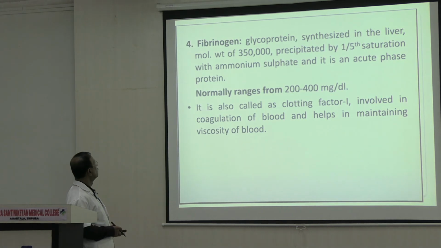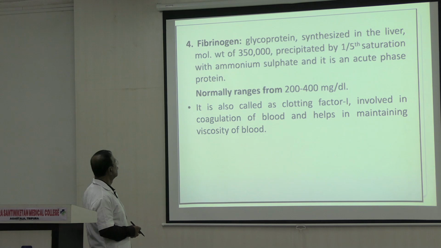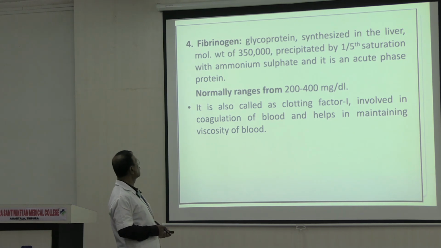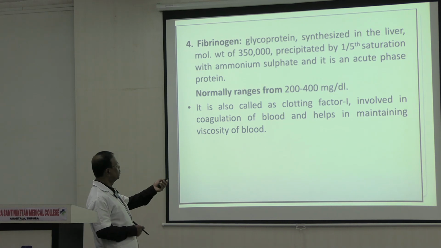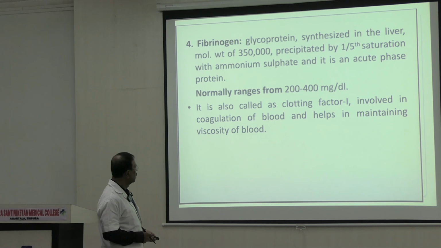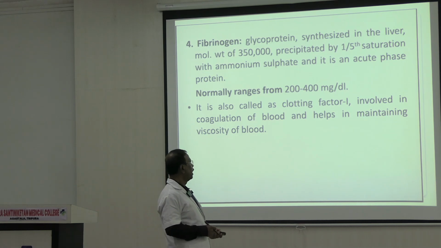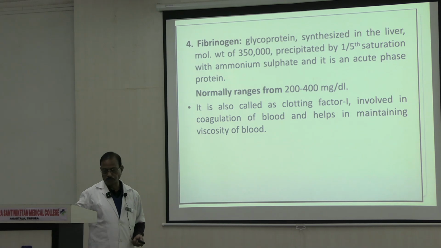Fibrinogen is a glycoprotein synthesized in the liver, molecular weight 3,50,000, precipitated by 1/5 saturation of ammonium sulfate. Normal range is 200 to 400. It is also clotting factor 1, involved in coagulation of the blood and helps in maintaining viscosity of blood.